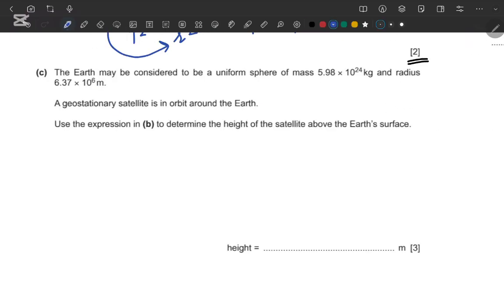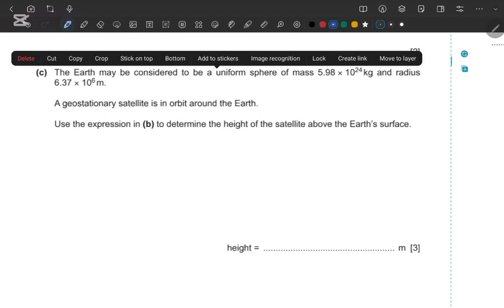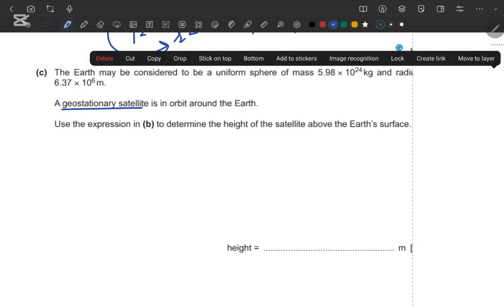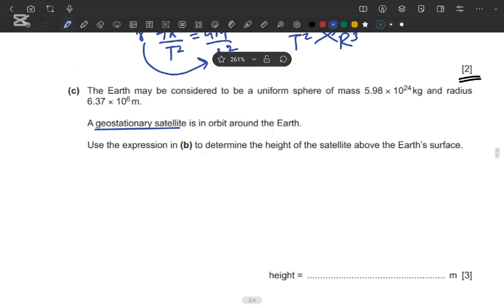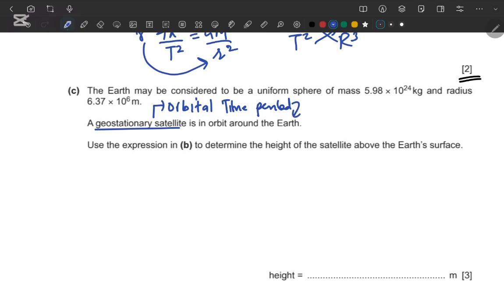The next part says the Earth may be considered to be a uniform sphere of the following mass, and then they've given you the radius, and they have told you that the satellite is a geostationary satellite, which means its position relative to Earth is always 0, and the orbital time period is the same as Earth.